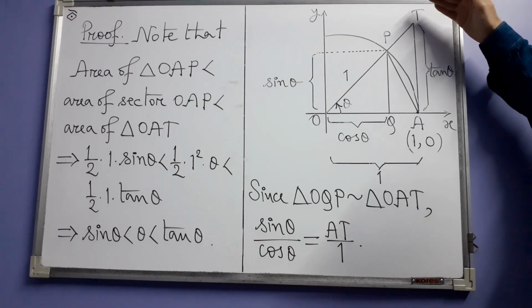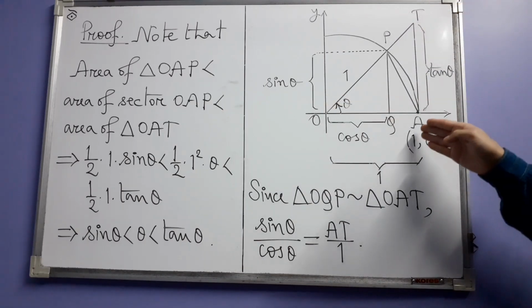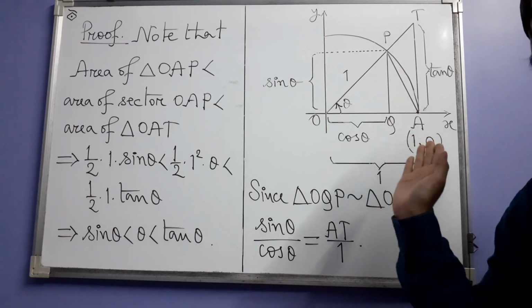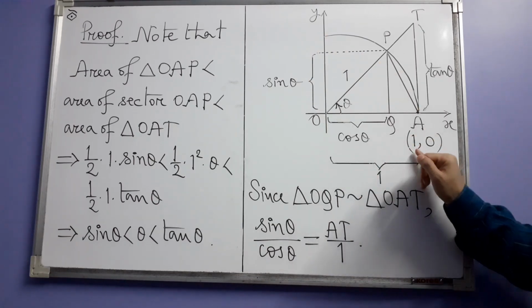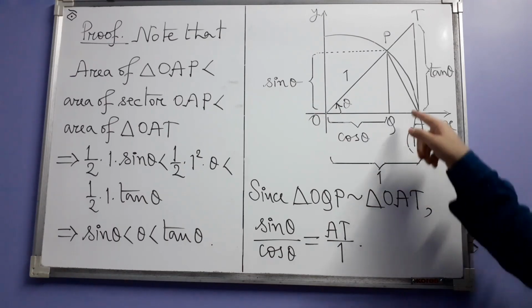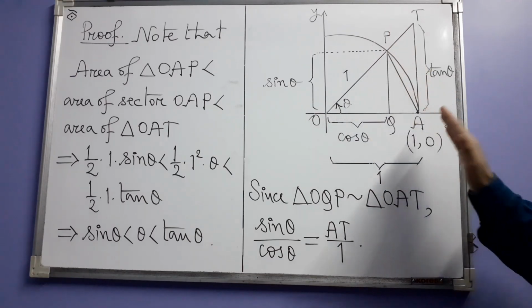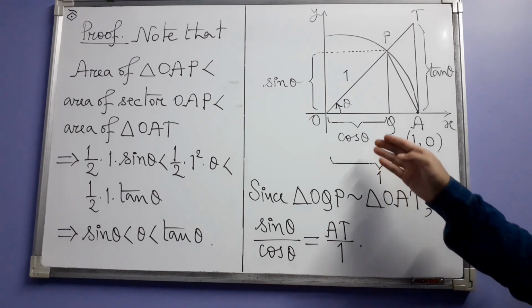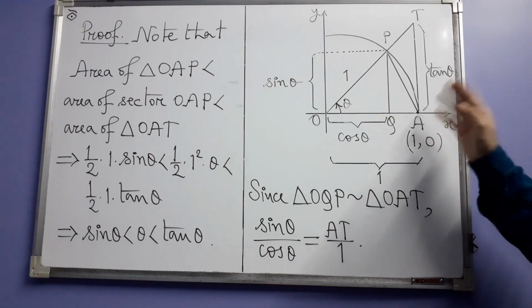It is a line perpendicular to the x-axis and which passes through the point A. A is the point where the unit circle intersects the x-axis, so its coordinates are 1, 0. And there is one more thing. We have also joined A and P by a straight line segment.